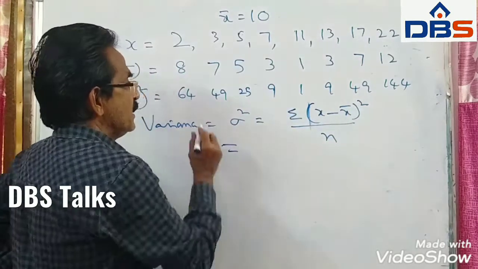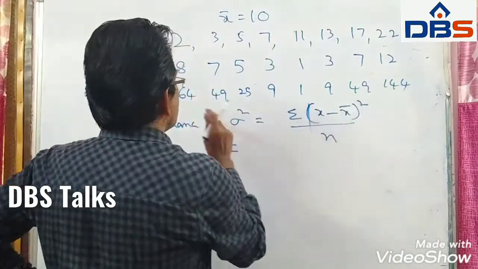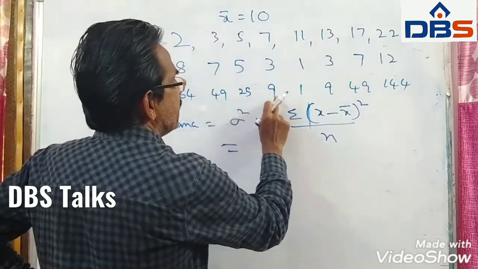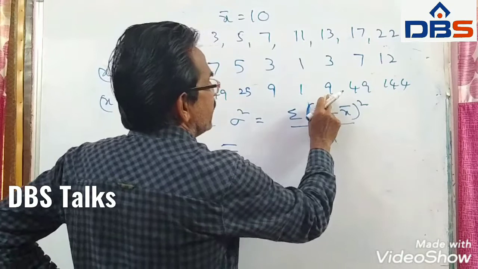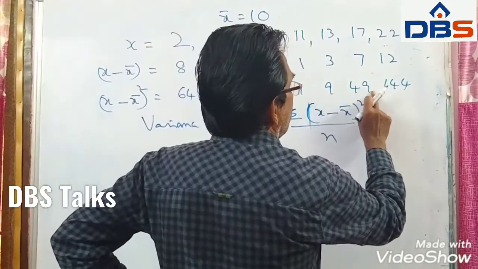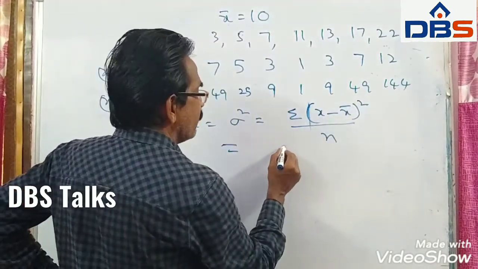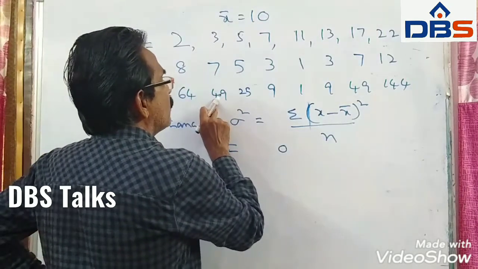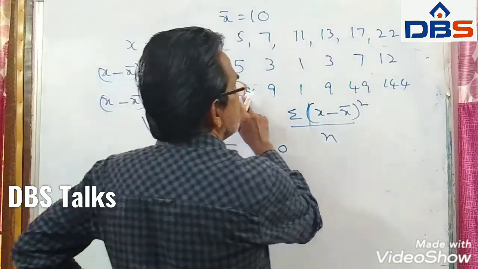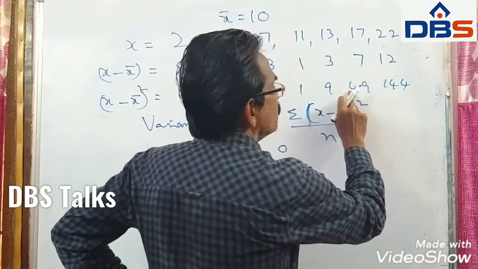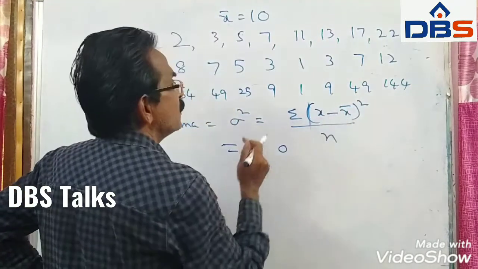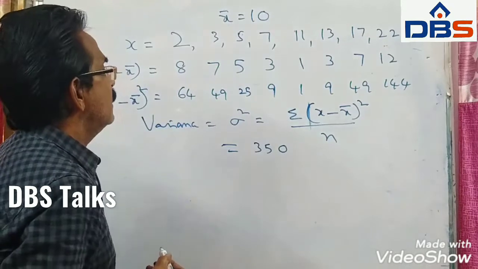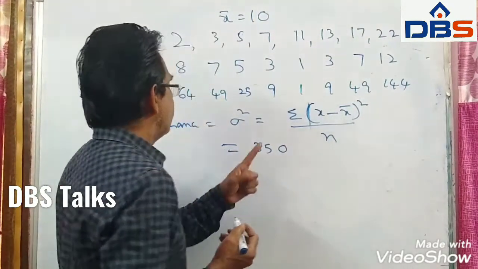So let us sum all these things. 4 plus 9, 13, 13 plus 5, 18, 18 plus 10, 28, 28 plus 9, 37, 46 plus 4, 50, and so on. Okay friends, the total is 350.